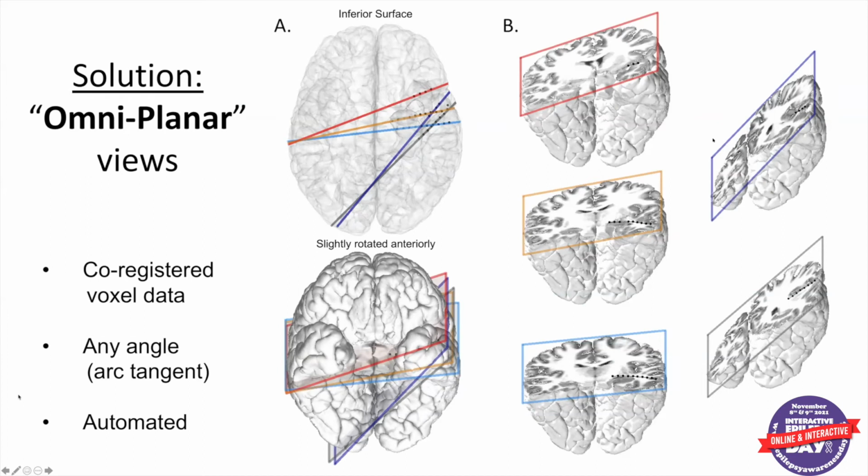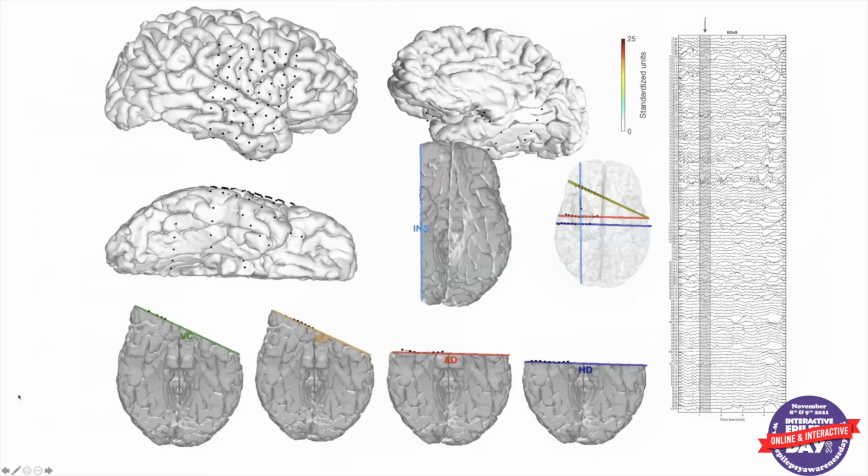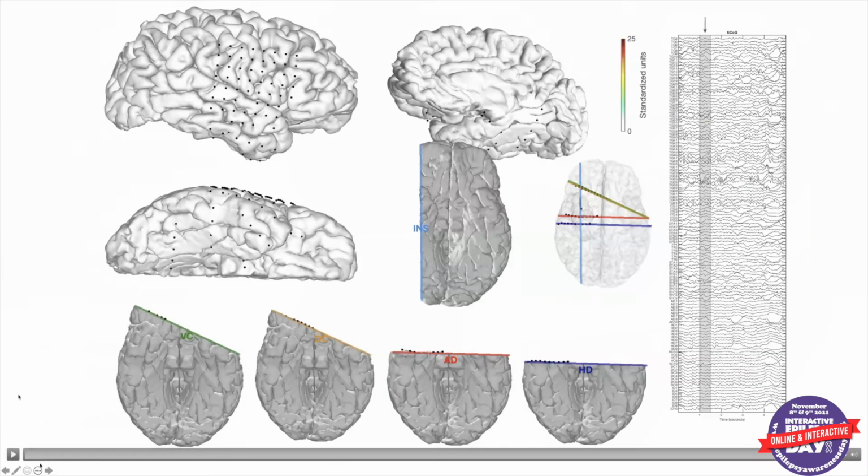So here's an example of a patient that had 5 different depth electrodes, meaning electrodes that were inserted into the tissue because that's where we thought the seizures were coming from, but we needed to verify to try to lead to hopefully curative surgery. And each one of those depth electrodes is colored by a line here, and that corresponds to these slices over here on the right. So that was a helpful thing for these deep onset electrodes.